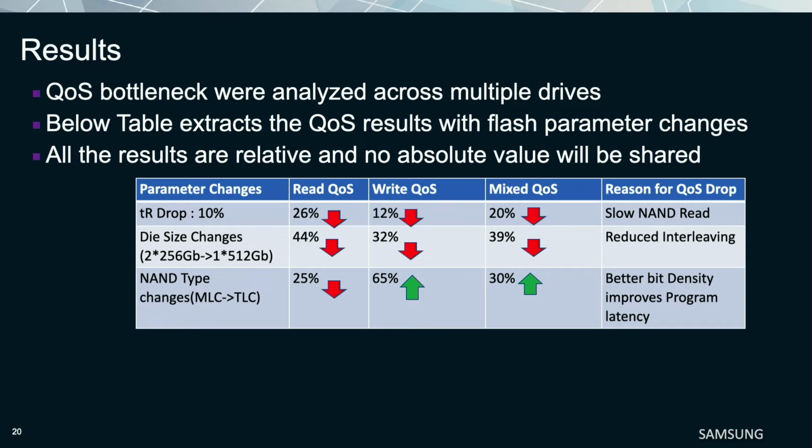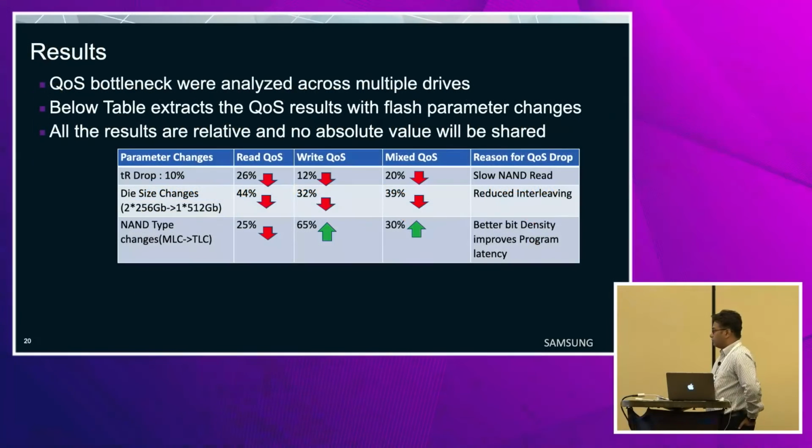In another scenario, we have taken the geometry change where the die size, in one of the older products, is 256 GB, and now the latest product has one die of 512 GB NAND. So because of this, from 2 dies you made it to 1 die, so interleaving and parallelism is reduced, and you can see the very drastic change here.